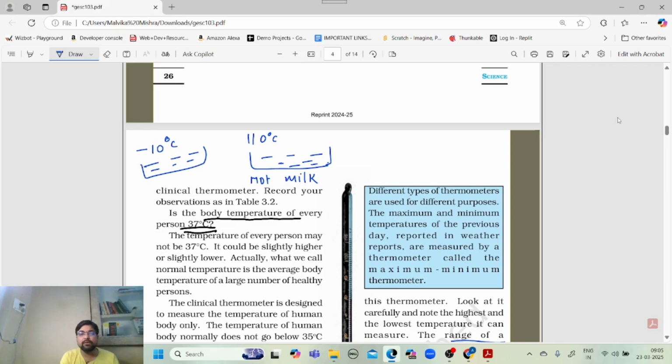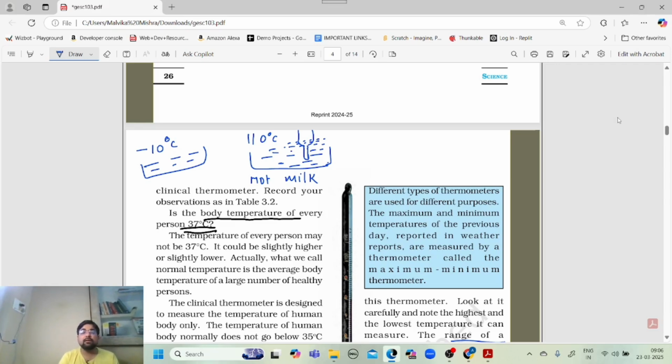We'll dip that bulb in completely, and we should ensure this time that the bulb is completely submerged, surrounded by the object whose temperature we want to measure. So we will dip it completely, right?